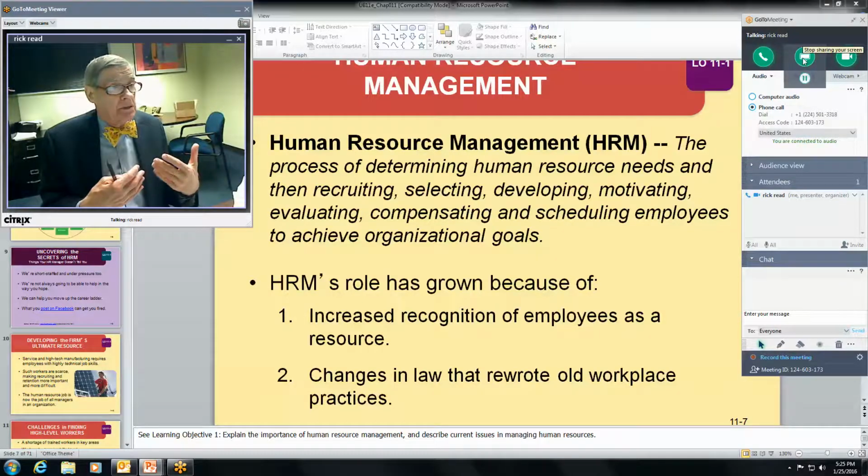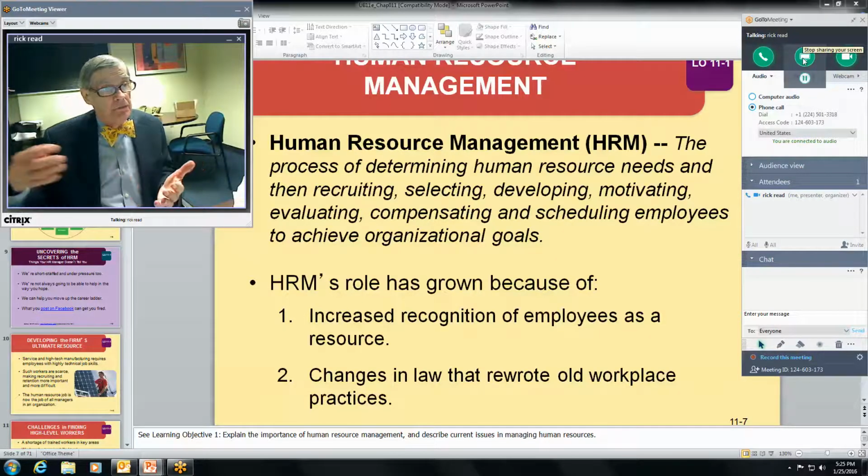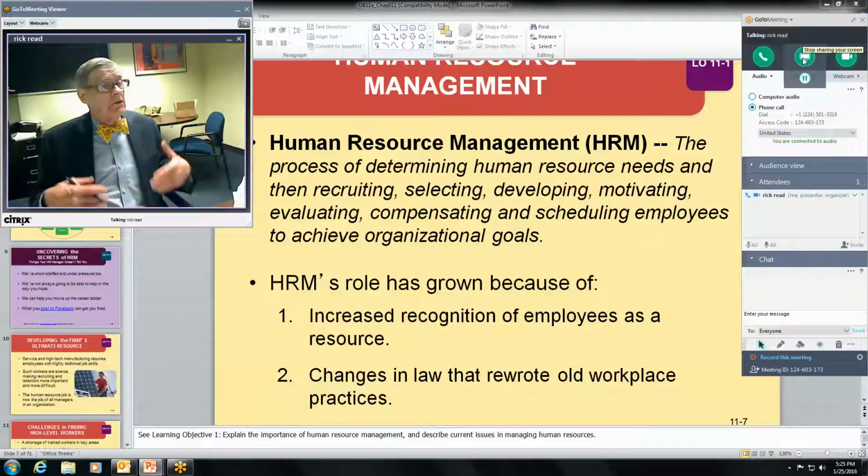And then recruiting, selecting those folks. Once they're on board, developing and motivating and evaluating their performance. And I'll come back to that in a second. And then they have plans for policies for compensation and scheduling, helping employees meet those organizational goals.